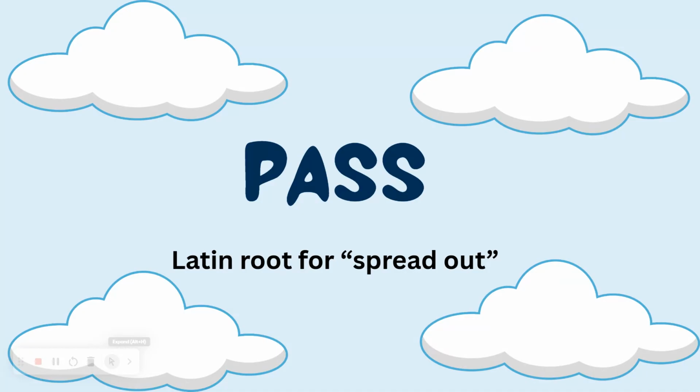Other words we use, encompass, and that includes to cover a topic, to put everything together so that we can see everything all at once, sort of like puzzle pieces. Passable, that is something that means good enough, not excellent, but again, you've touched all the bases, so you've passed. Okay, so that's where we get that word from.